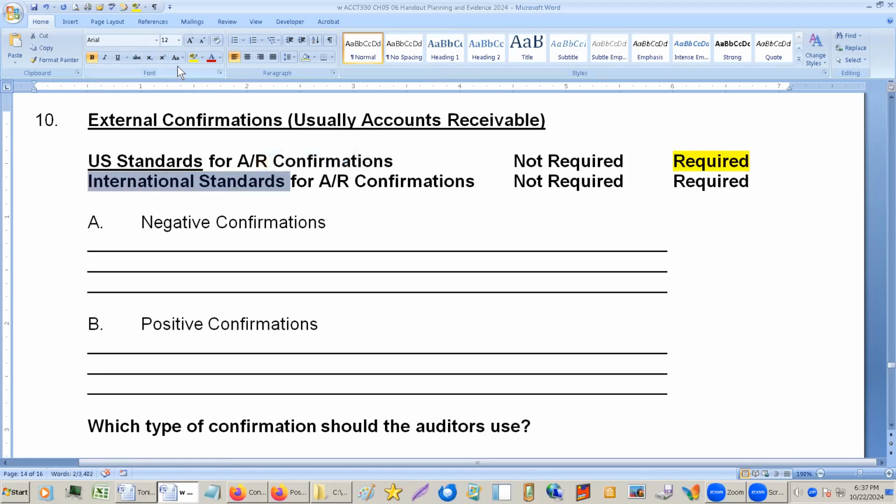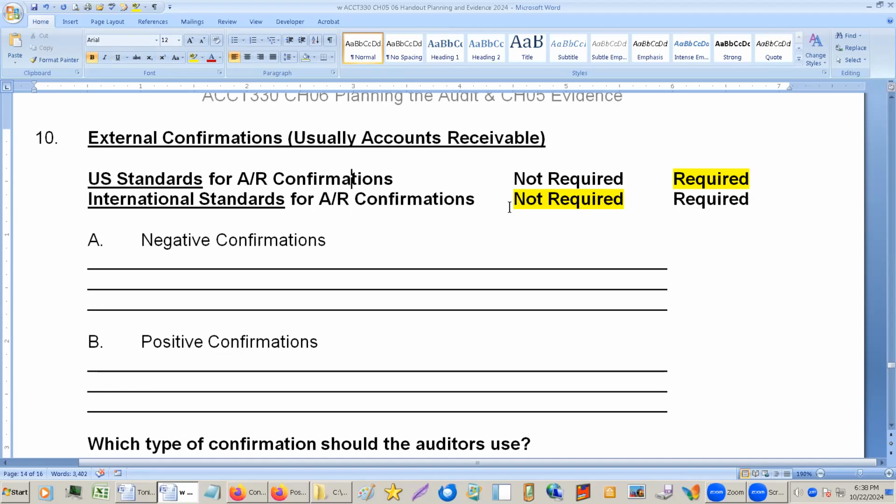Under international standards, they're not required. So under US standards, you are required to get accounts receivable confirmations unless you have a really, really good reason. International standards, they're not required.